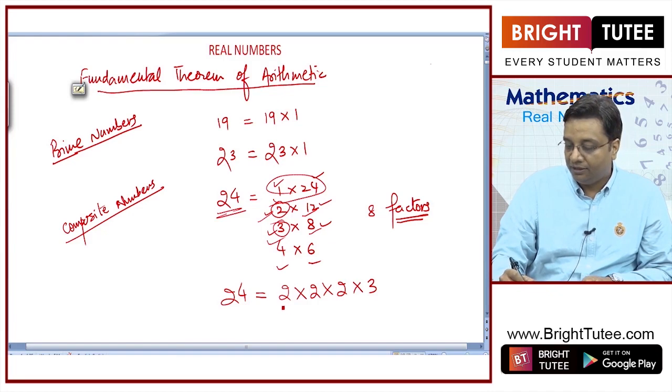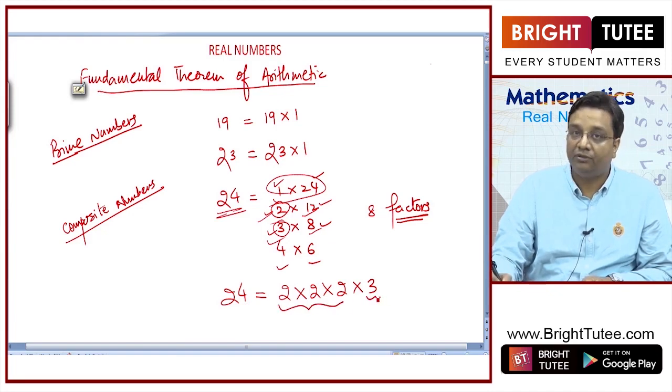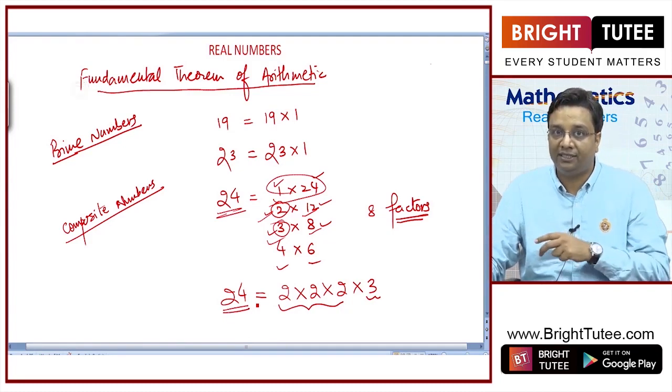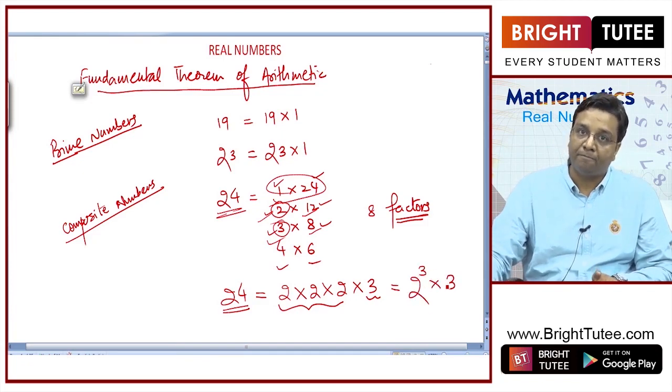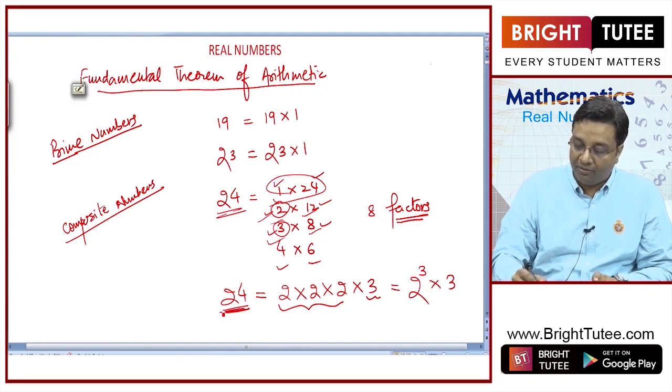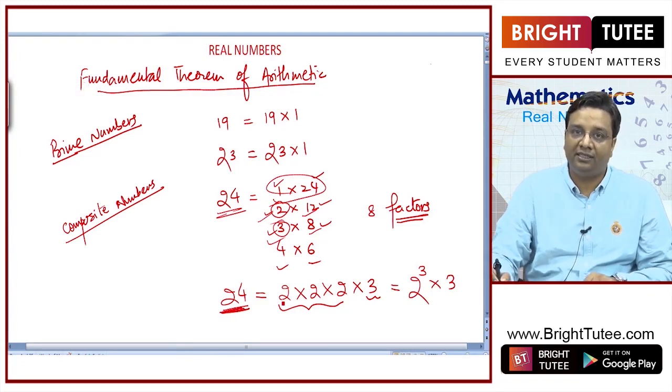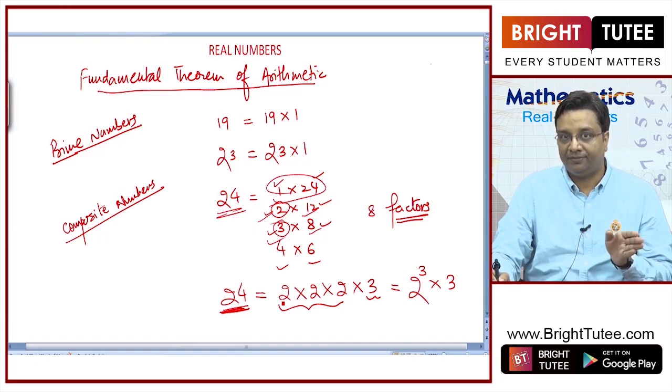This is 8 into 3, 24. So I have written 24 in its prime factorization. Now if I combine the powers of 2, I can write it as 2 raised to power 3 into 3. So a composite number can always be factorized in prime factors.